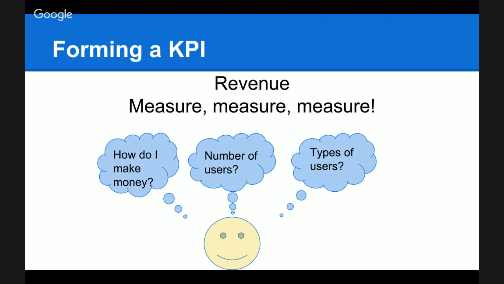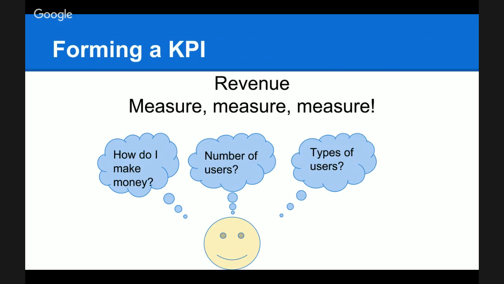When I'm looking at my measurements, am I asking myself, how do I make money? If I'm thinking about user acquisition as my area of interest, I need the users that I bring in to actually perform the actions that are part of my monetization model. But that's going to cost me money. So how does that impact my bottom line?